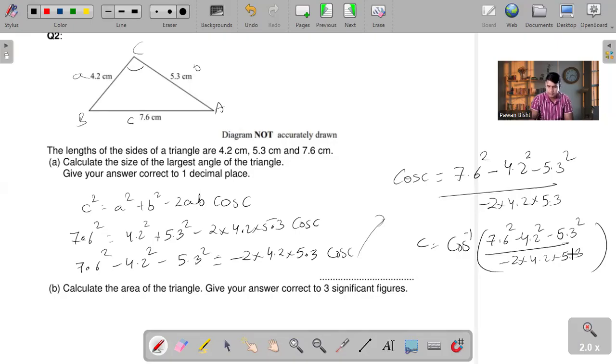We get cos inverse, then fraction, then 7.6 square minus 4.2 square minus 5.3 square, then divided by negative 2 times 4.2 times 5.3.